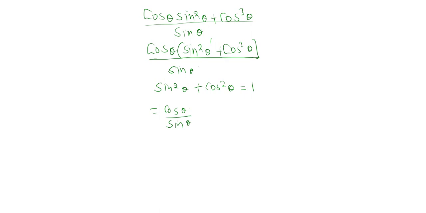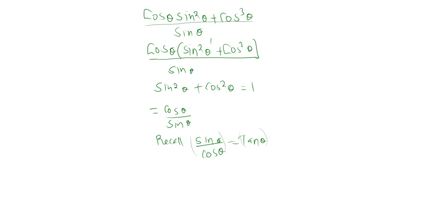Again, recall from the previous lesson that sine theta over cosine theta was equal to tan theta, and this means that if we get the reciprocal of this side, we should also get the reciprocal of the other side.